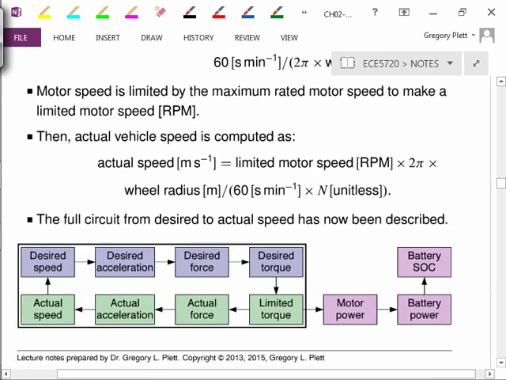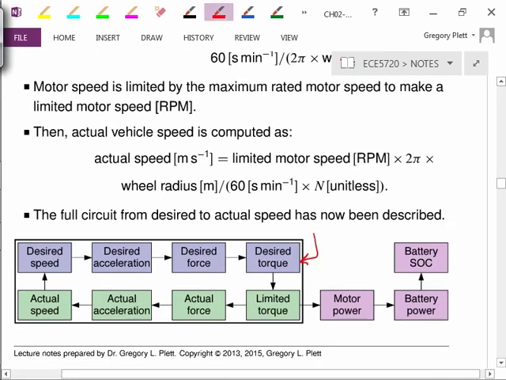So what we've been able to look at in this section is everything in this thick black line box here. We've started with desired speed. We've computed desired acceleration, desired road force, desired torque. Then we started applying limits. We applied torque limits. We computed the actual force. We applied RPM limits, and we were able to compute the actual speed.